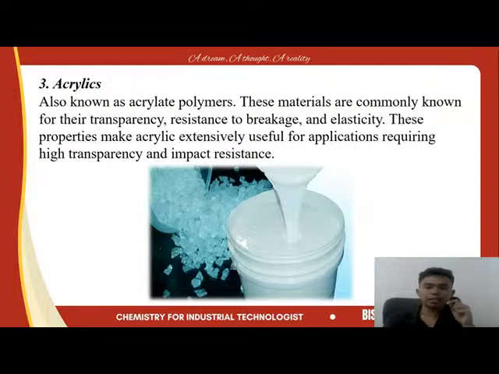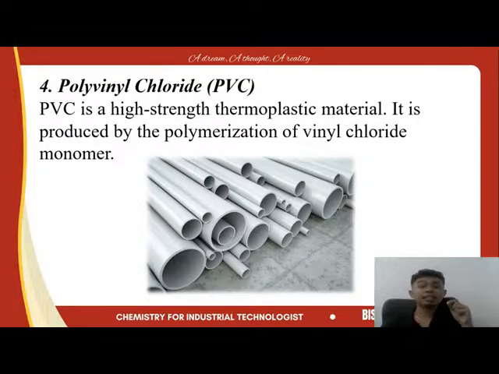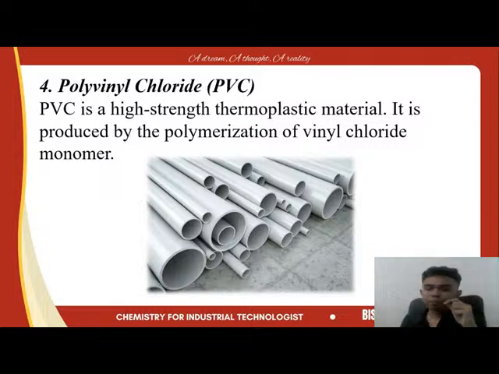Next to acrylics is PVC. Familiar with the image? The pipes that you use at your houses are from the polymer PVC. PVC is a high-strength thermoplastic material. It is produced by polymerization of vinyl chloride, which is the monomer of polyvinyl chloride.